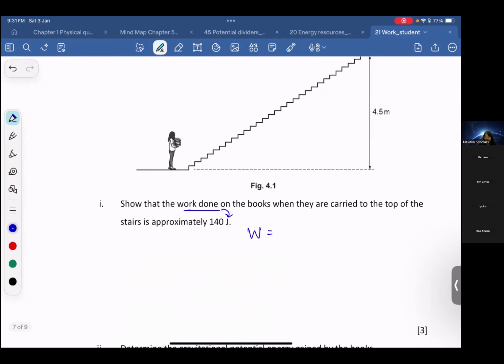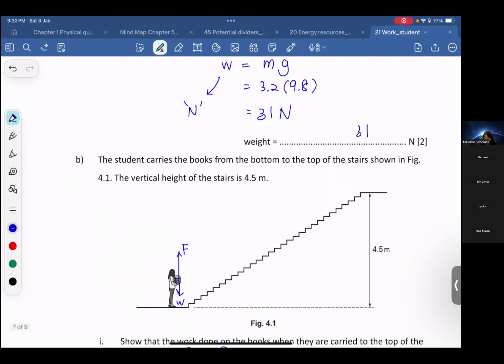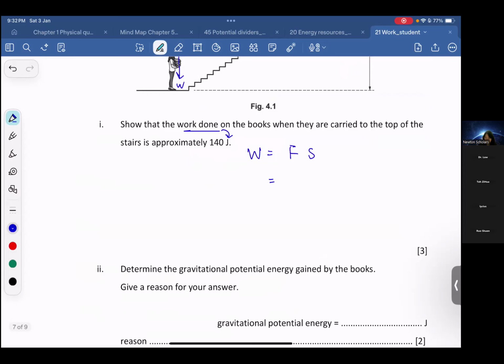Work done is force times distance. The force that you apply upward equals the weight. Okay, this is the weight. So you need to apply the same amount of force upward. So the force that we need to apply is actually mg, which is our weight. Just now we did the calculation for the weight and we got 31. Am I right?